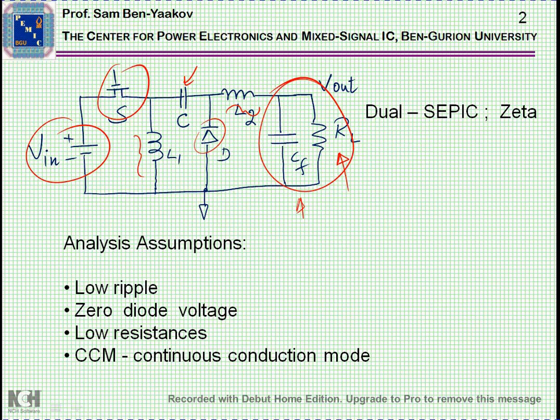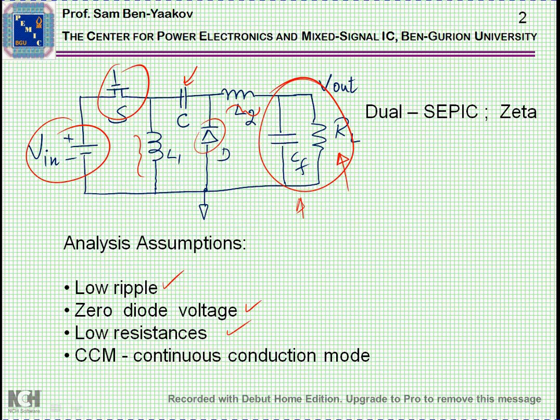Now the analysis that I'm going to present here relies on the following assumptions: that the ripple is small and that the diode voltage is low and can be neglected, although I'll mention when it should be taken into account.